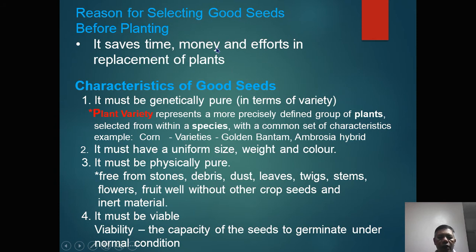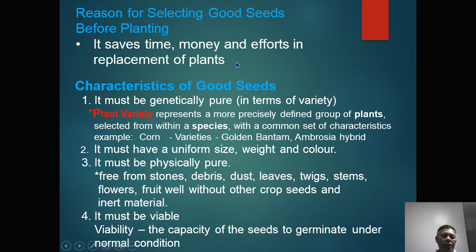Naturally, if you will use poor quality seeds, there is a tendency that the plants coming from poor quality seeds will not survive in times of adversities, like, for example, typhoon and many others. So that's the reason mainly why we select good seeds before planting.